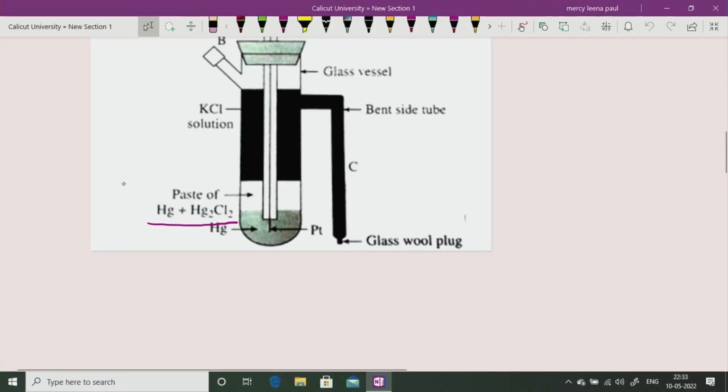Now, let us see what the electrode reaction is in this case. Here we have to take calomel, in which you have the oxidized form of mercury.